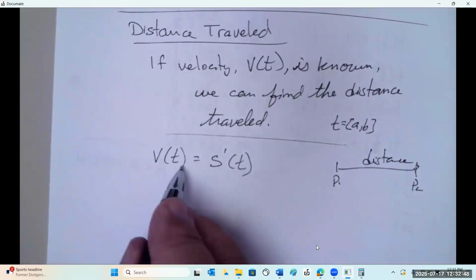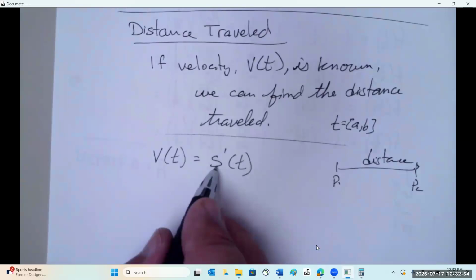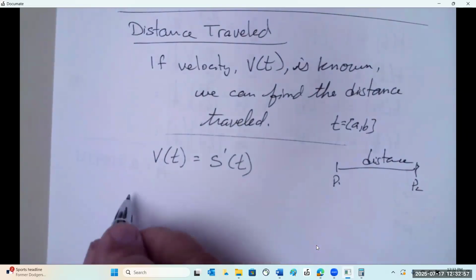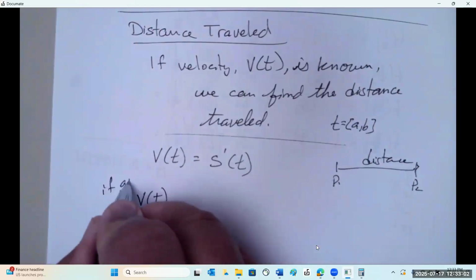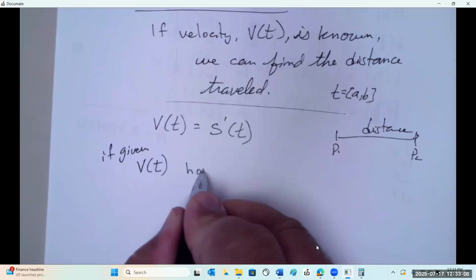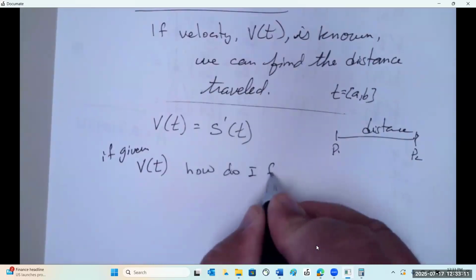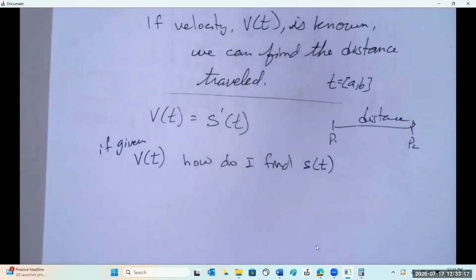So if I give you the velocity, how do you find the position function? Taking the antiderivative.